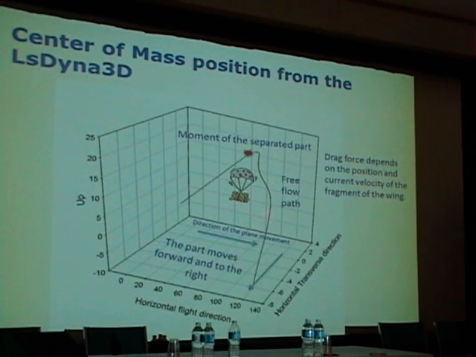So what we can see is that indeed this part is flying in the direction of the airplane and to the right side of the airplane. So not only Russians can create this, but physics in fact allows this wing to fly forward and to the right. There's nothing wrong with that.